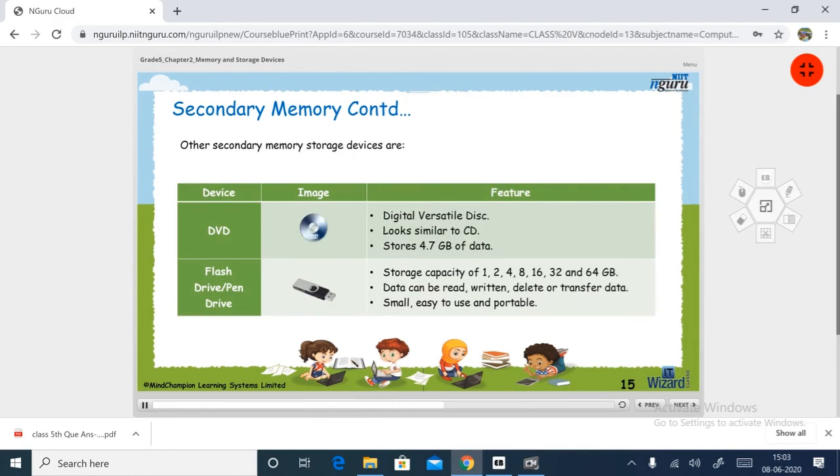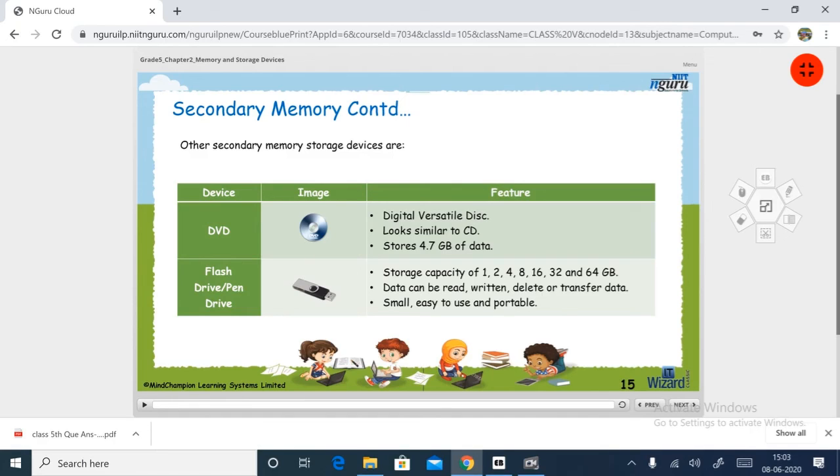Other secondary memory storage devices are DVD. DVD means digital versatile disk. It looks similar to a CD and it stores 4.7 GB of data. Next are flash drives or pen drives, with storage capacity of 1, 2, 4, 8, 16, 32 and 64 GB.